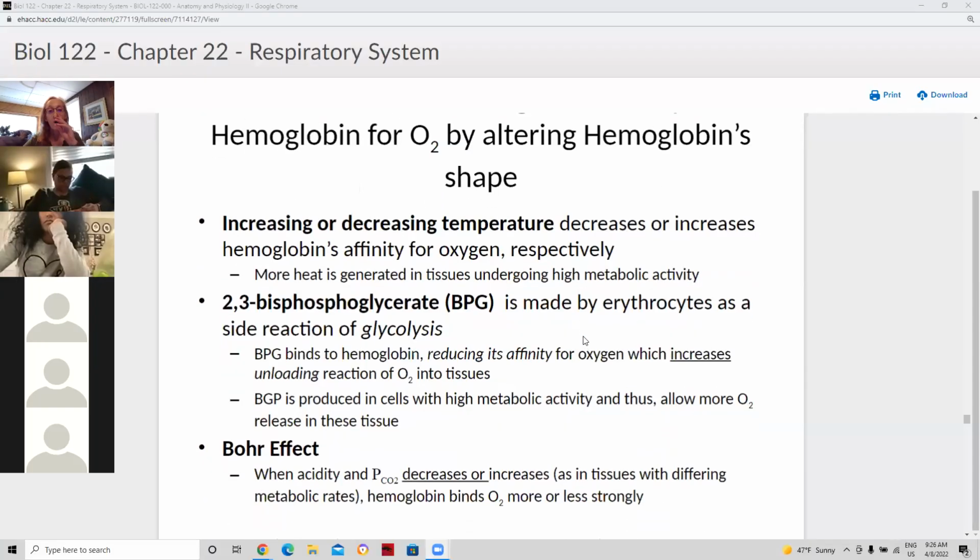It's going up, or it's becoming more acidic, right? Right. So all three of those factors are going to allow the hemoglobin in that area to give up the oxygen easier. More heat results in the hemoglobin having a decreased affinity for oxygen.